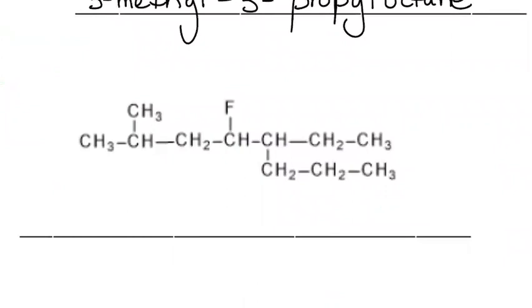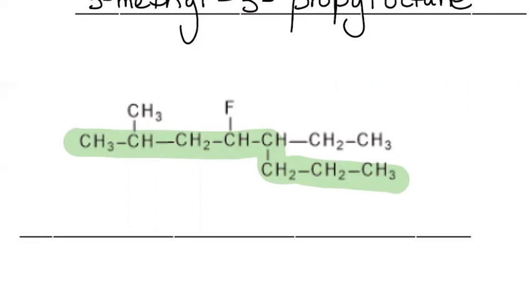How many carbons in the longest carbon chain here? Great job. See, you guys are already pros at this. Eight. Okay, those are my 8. So the substituent that is closest to the end is that methyl group.